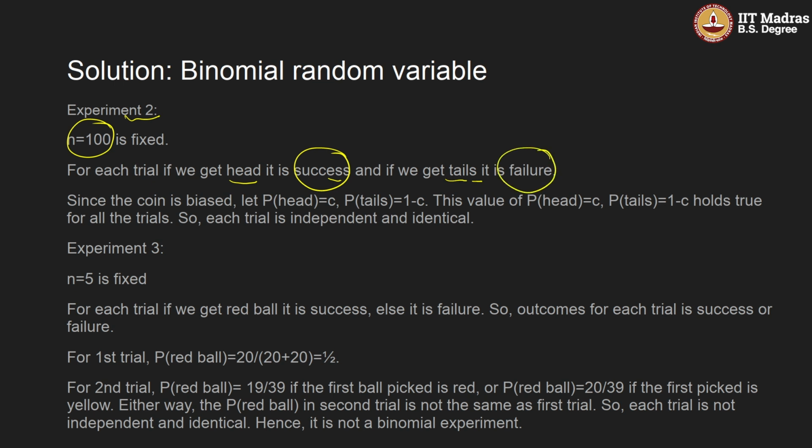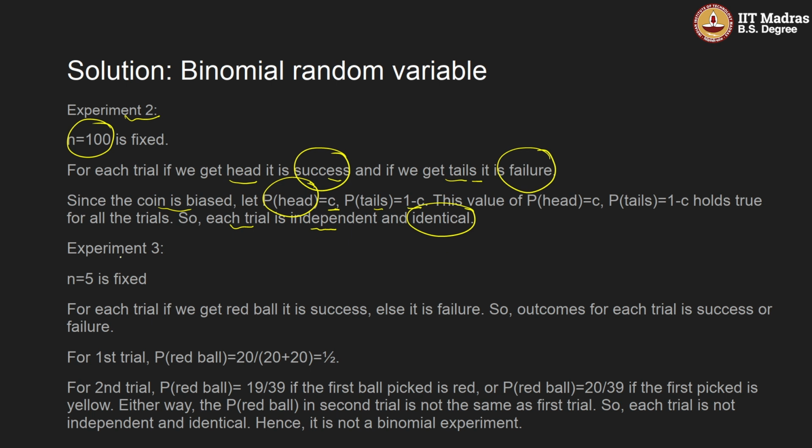Since the coin is biased, suppose the probability of success is C, then the probability of failure will be 1 minus C. The trials are identical also, because for each trial the probability of success is the same. The trials are independent and identical to each other, so experiment number 2 will also be a binomial experiment.